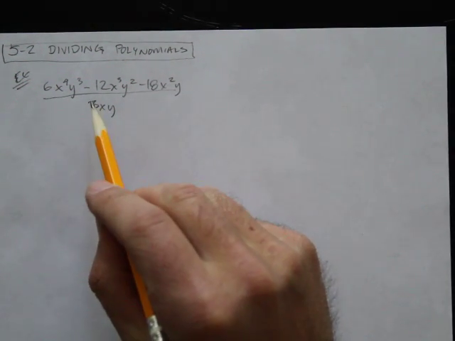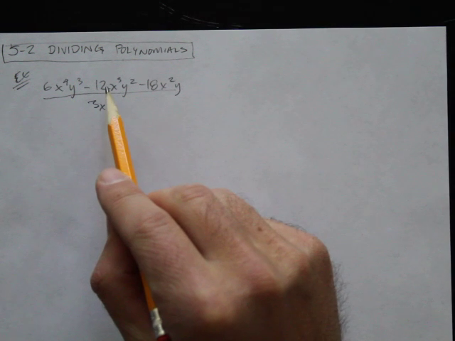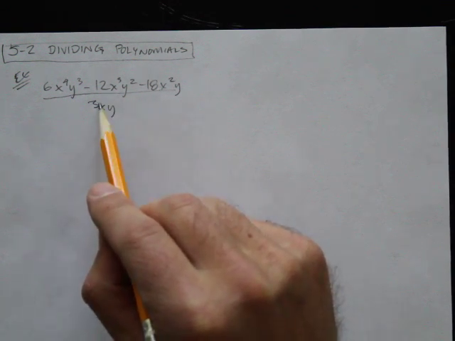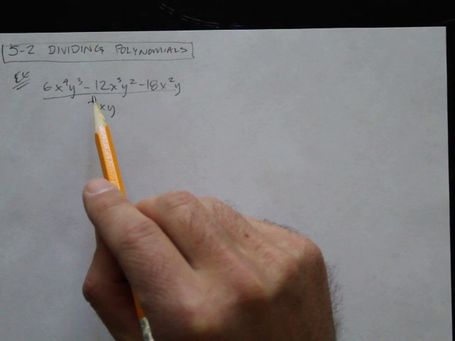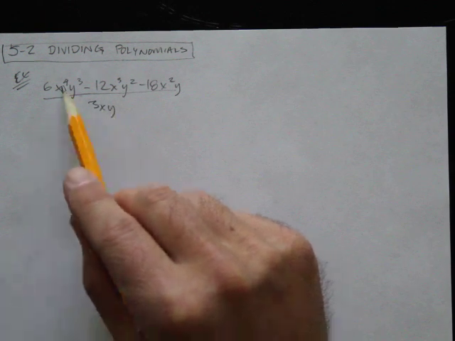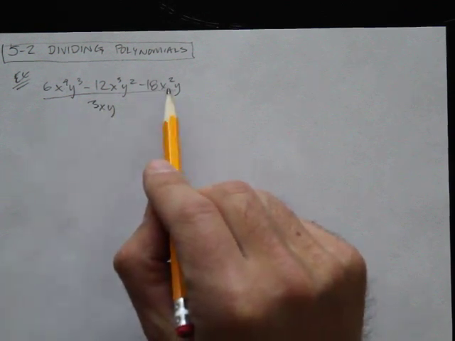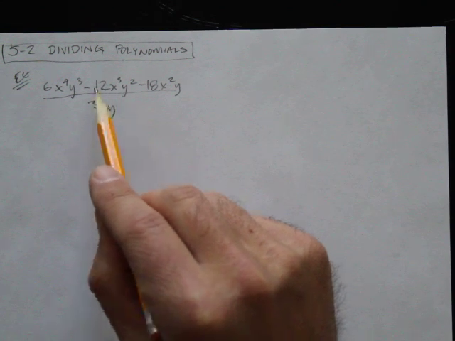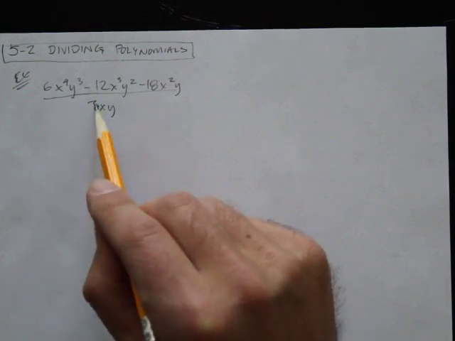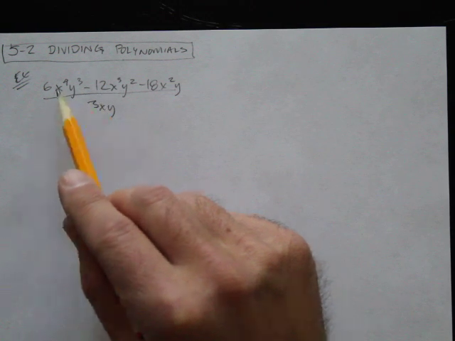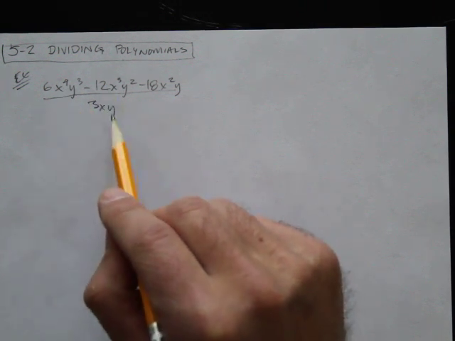I look at the denominator and see what I have in the denominator that is a factor of each of these terms. In order to factor any of these out, this has to be a factor in each of the terms.